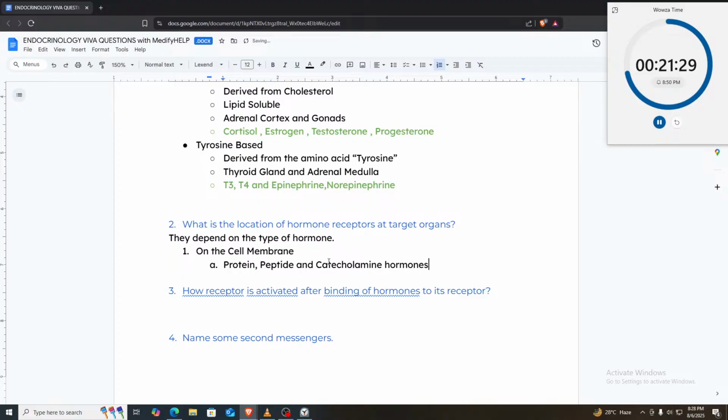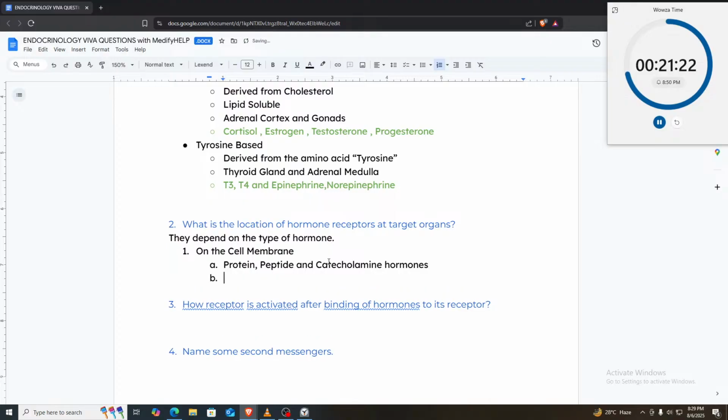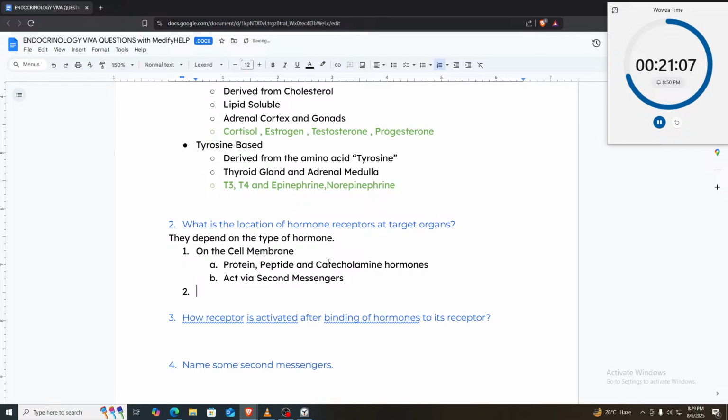I think that's a pretty decent thing. You could go into detail that, as we already mentioned, they're water soluble, so they act via second messengers. That's a pretty decent point.